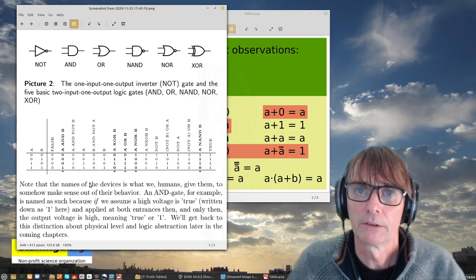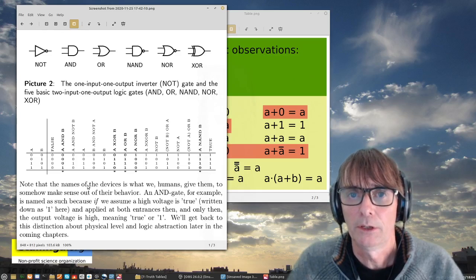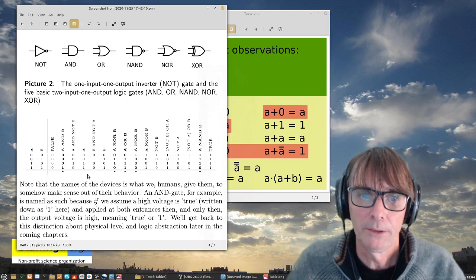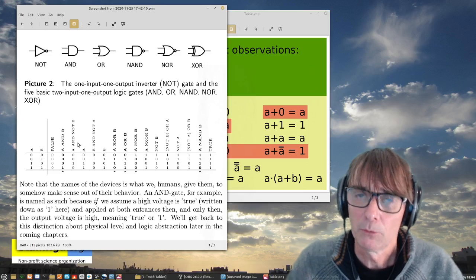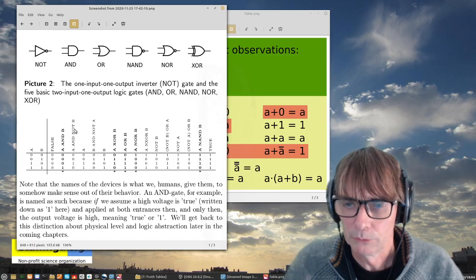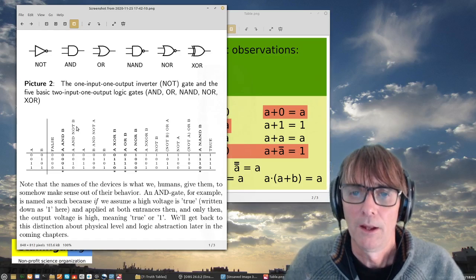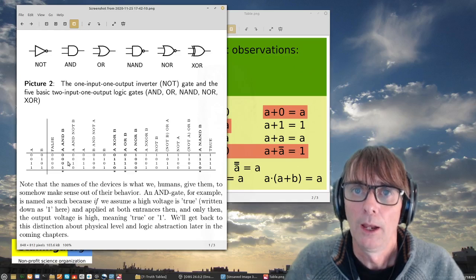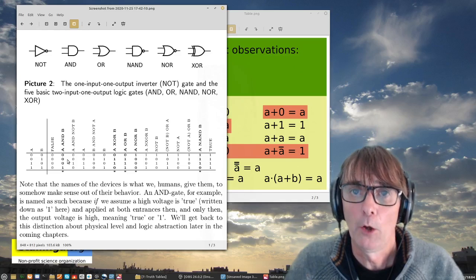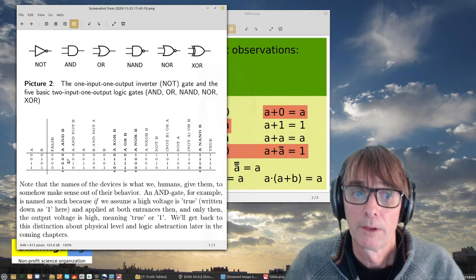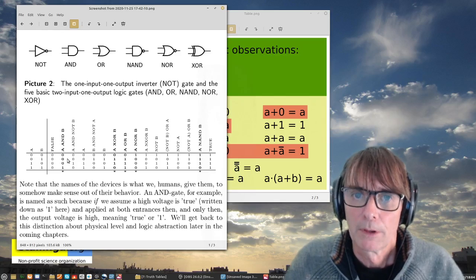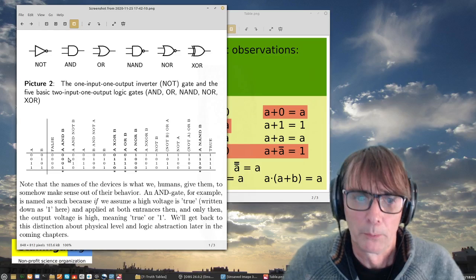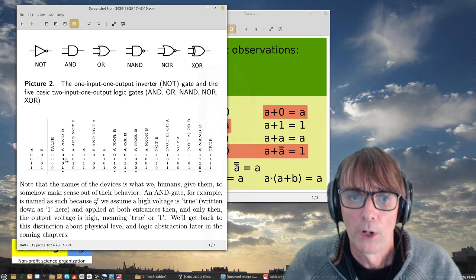We could say that 0 is actually true, and then this would not be called an AND gate, but another gate. I will leave it to you to find out which gate that would be. But that is what we call positive logic, that a 1 is true and a 0 is false, and then the output is true if both the inputs are true. We call it positive logic because we associate 1 with true and 0 with false.